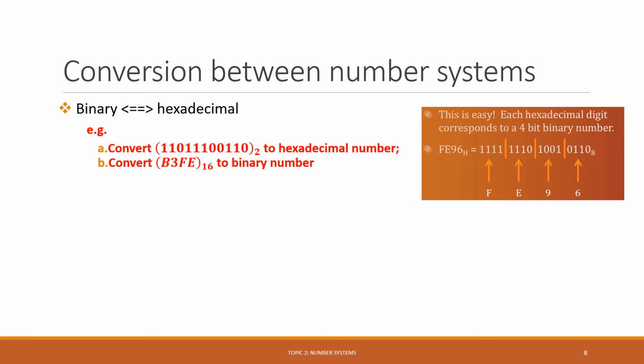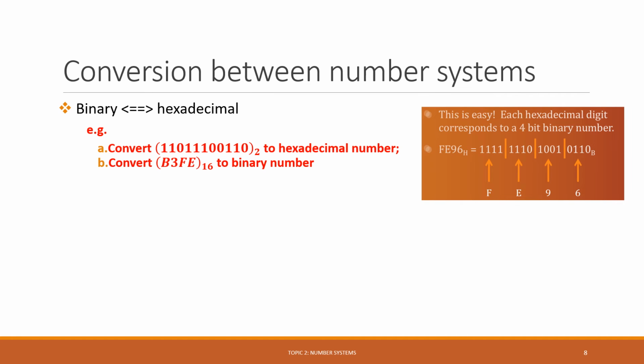So it's easier to read and handle if we change it to hexadecimal. If you remember the table I showed you before, like how we count, we can see that each hexadecimal number can be represented using a 4-bit binary.